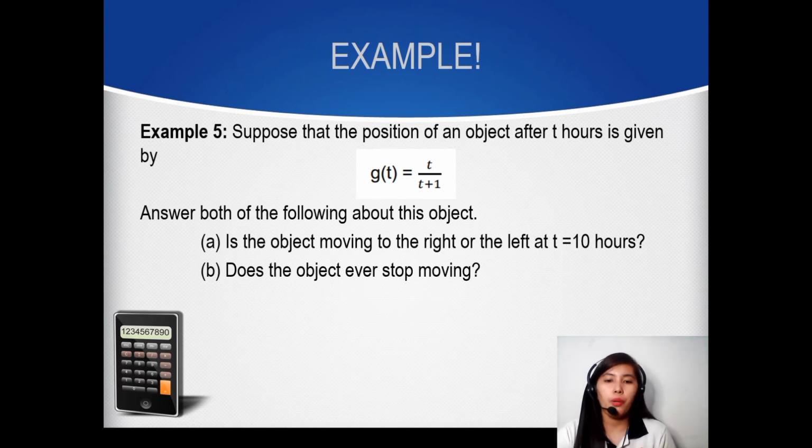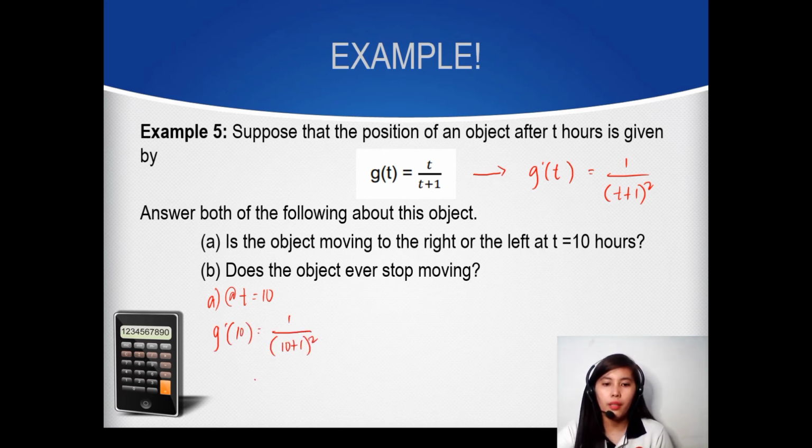For this example, we have already solved it. The derivative g prime of t is equal to 1 over t plus 1 squared. You can check this in the previous example. To answer letter A, is the object moving to the right or to the left at t equal to 10 hours, let us substitute t equal to 10. g prime of 10 is equal to 1 over 10 plus 1 squared, which is 1 over 121 because 11 squared is 121.